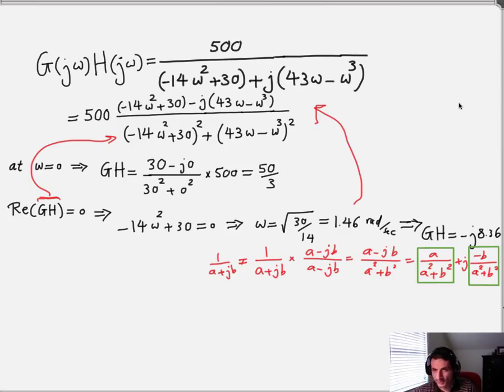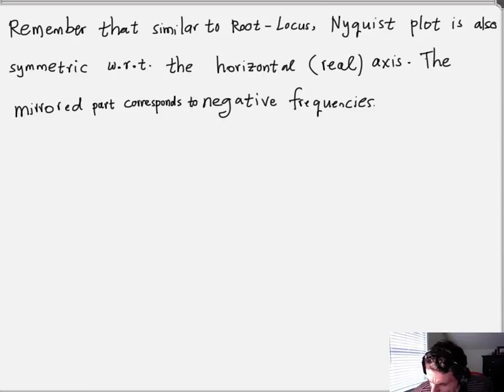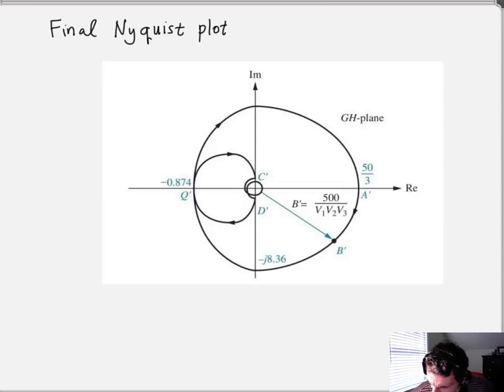Also here, the real part is going to be 0 at omega equal to positive 1.46 and also omega equal to negative 1.46. Because of that, I'm going to see a symmetry around this real axis, and eventually the whole plot is going to look like this.